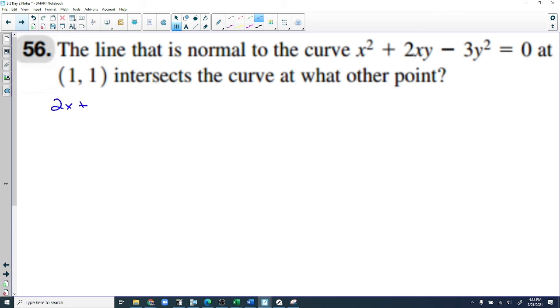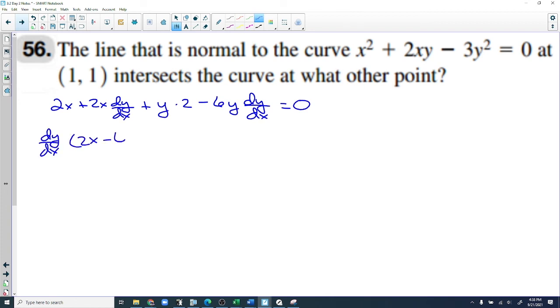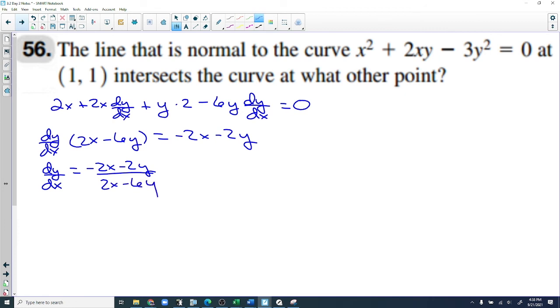We have 2x plus first times derivative of the second plus the second times the derivative of the first, minus 6y dy/dx is equal to 0. So let's go dy/dx times (2x minus 6y) is equal to negative 2x minus 2y. And then we'll divide. dy/dx is equal to (negative 2x minus 2y) over (2x minus 6y).